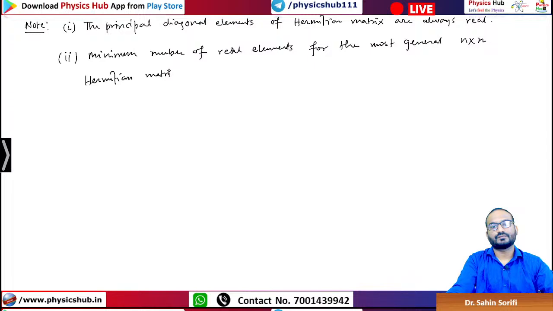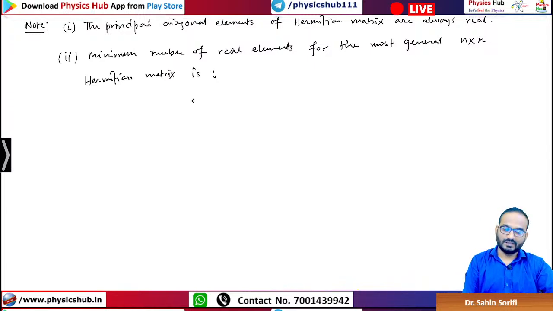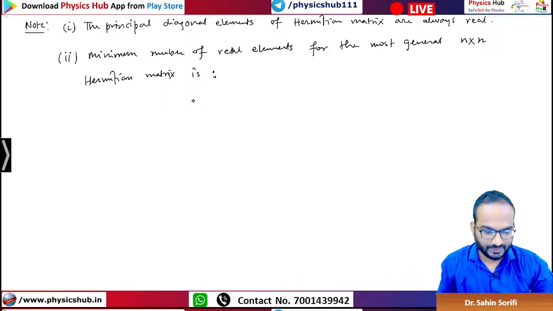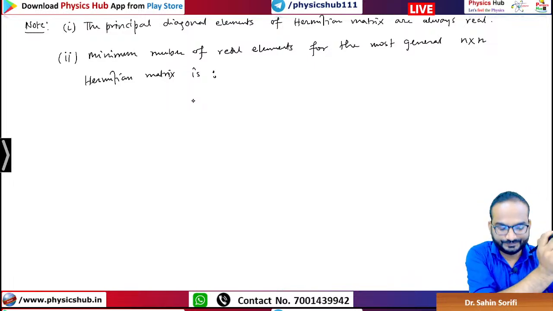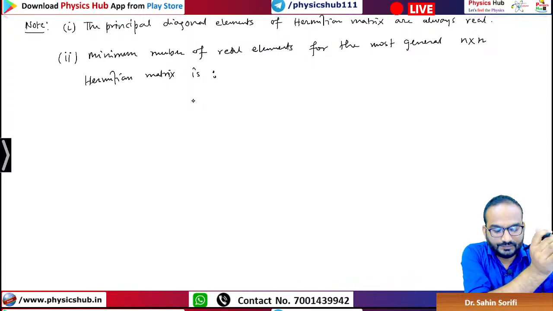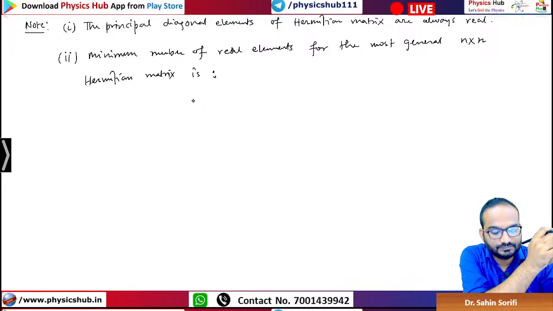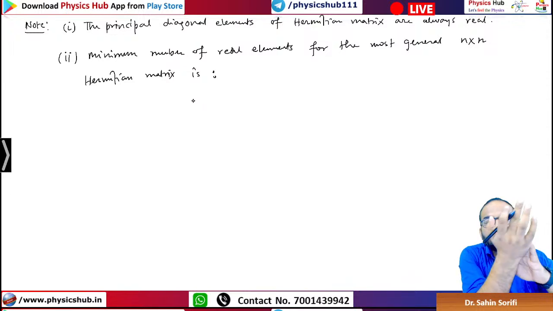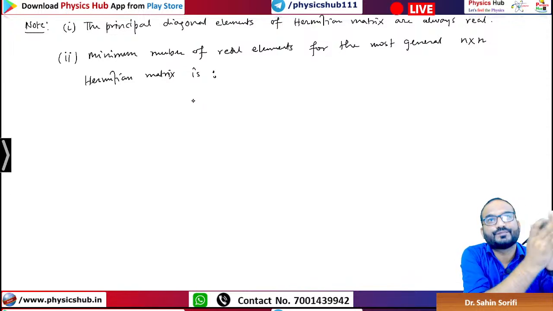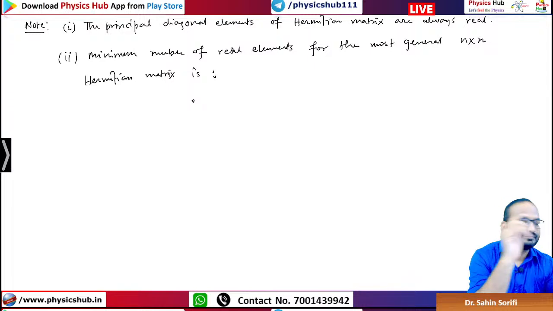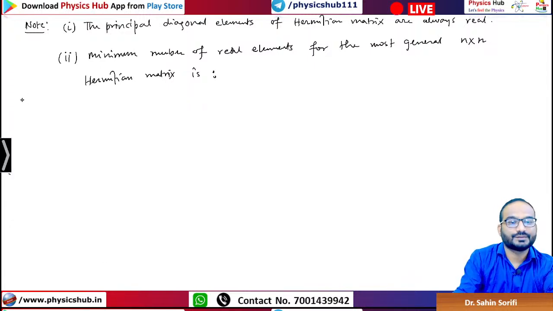What is the minimum number of real elements in an n by n Hermitian matrix? Can you tell me? How small can the minimum be? Think about it.